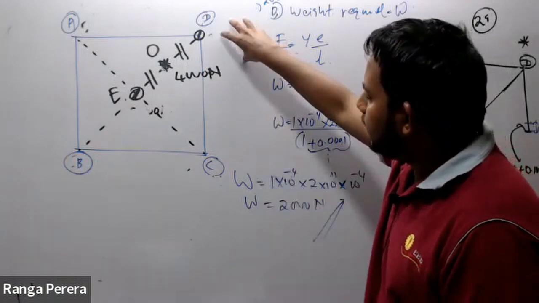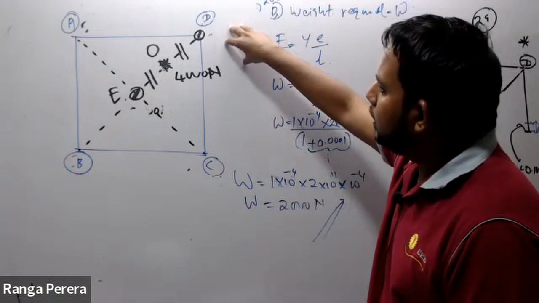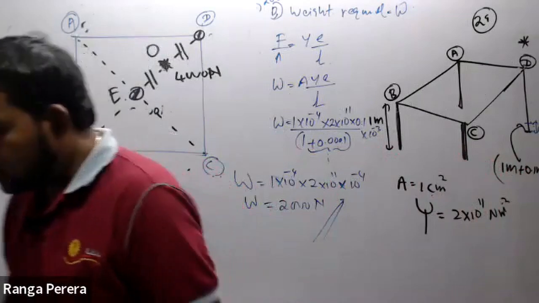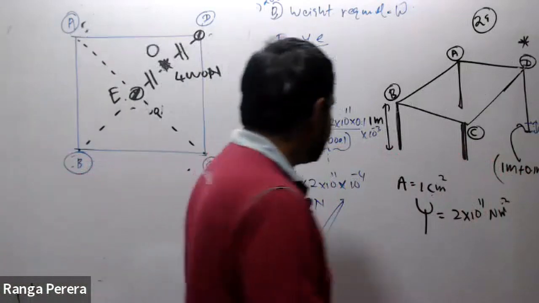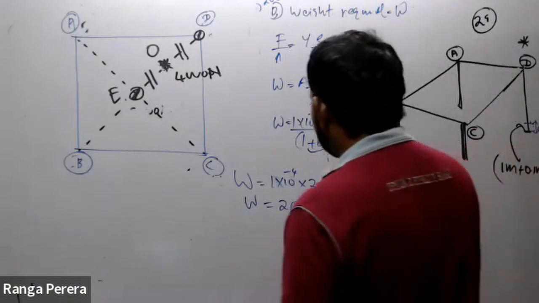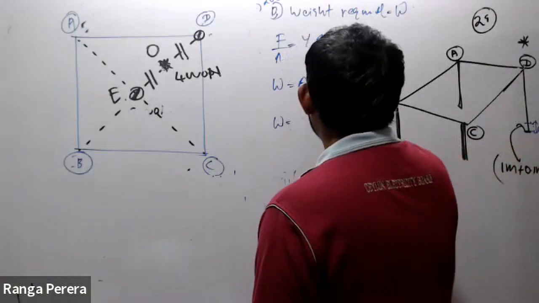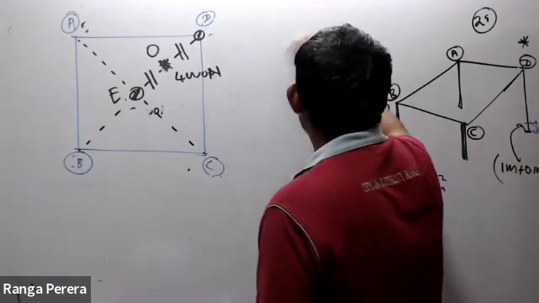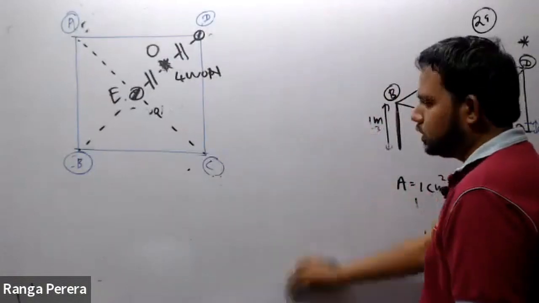For the leg D, the applied force is 2500 Newton.